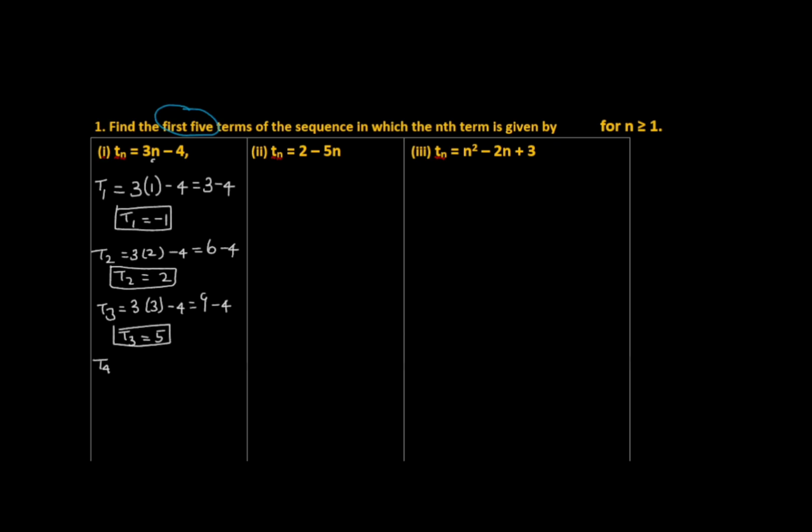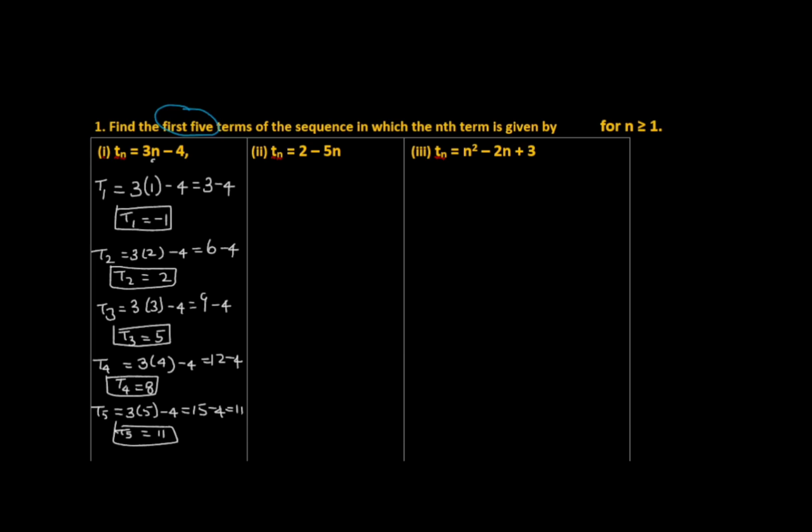Then T4. 3 into 4 minus 4, 12 minus 4. T4 is 8. Fourth term 8. Then T5. 3 into 5 minus 4, 15 minus 4 is 11. So T5 here is 11.